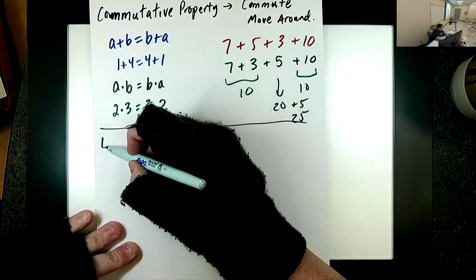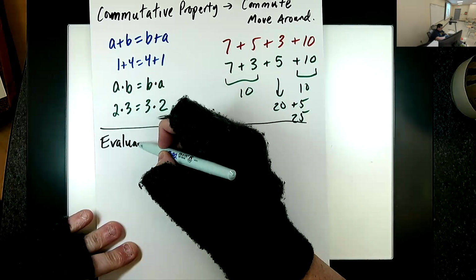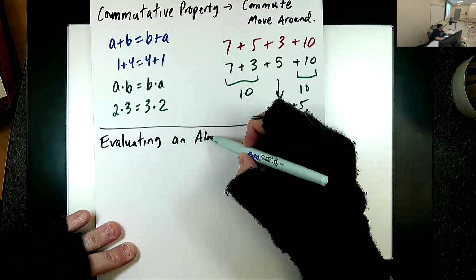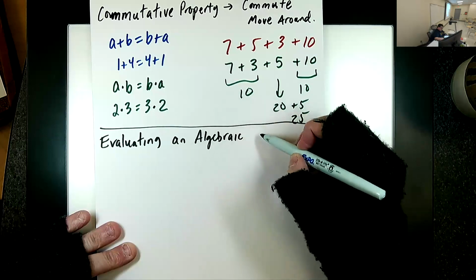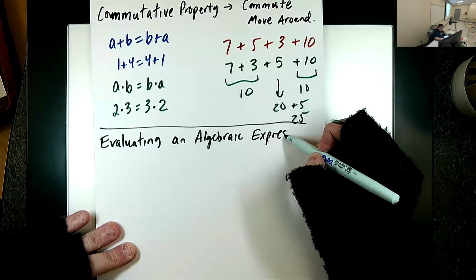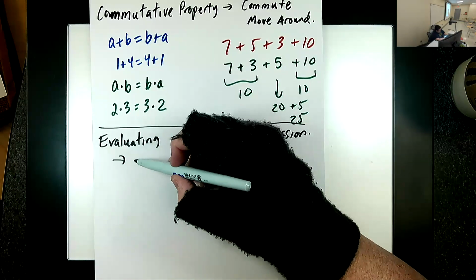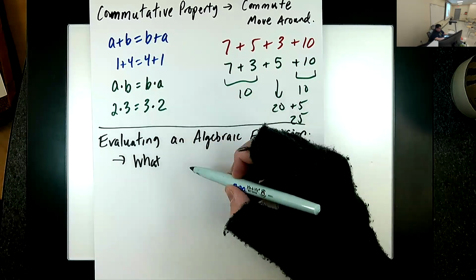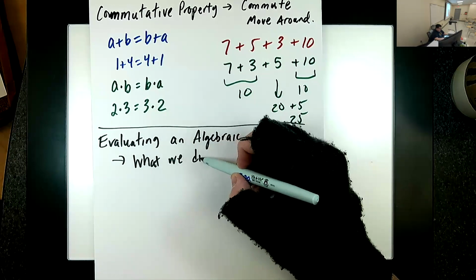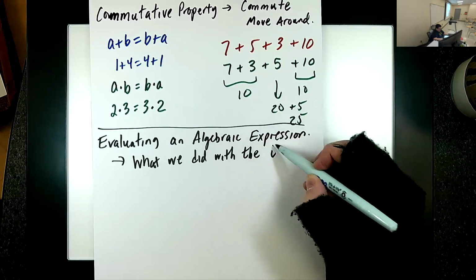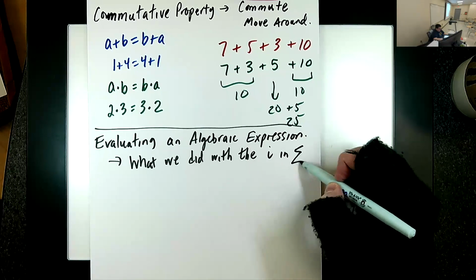The other thing we have in this section, we're going to be doing more with it tomorrow, is evaluating an algebraic expression. And we kind of did stuff like it already. This is like what we did with the summation, with the i in the summation.